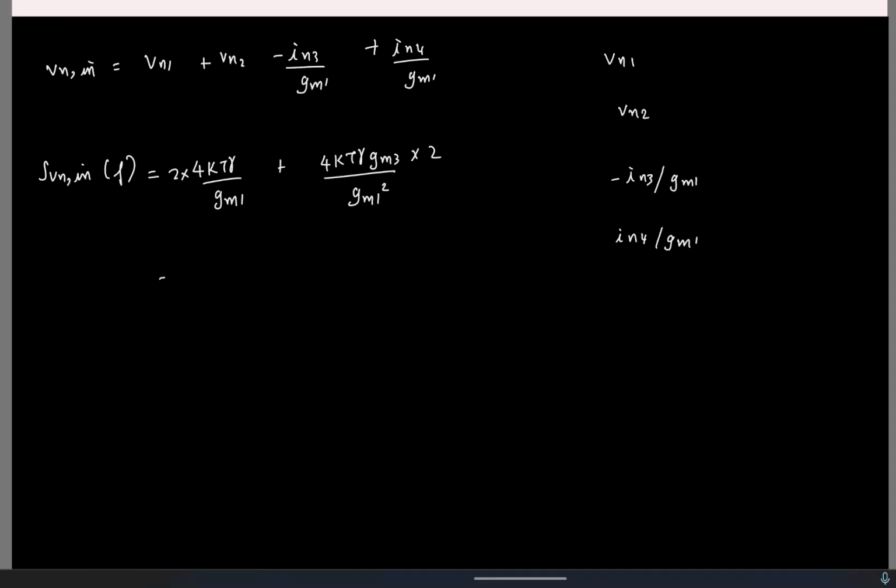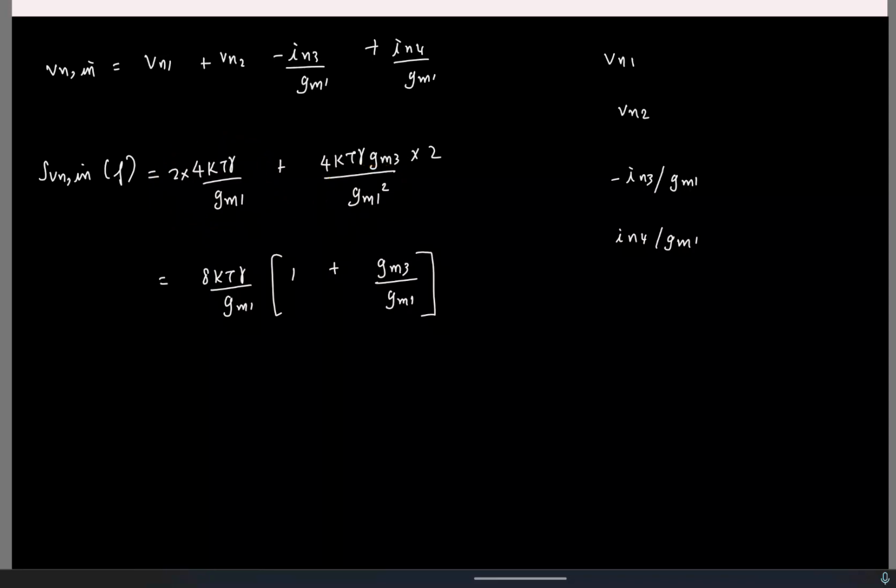So I will simplify it like this: 8kTγ/gm1 times (1 plus gm3/gm1). This is fine, because the noise due to the input transistors simply gets added, since it appears directly at the input, and the noise due to the current mirrors gets scaled by this factor, 1/gm1 squared.